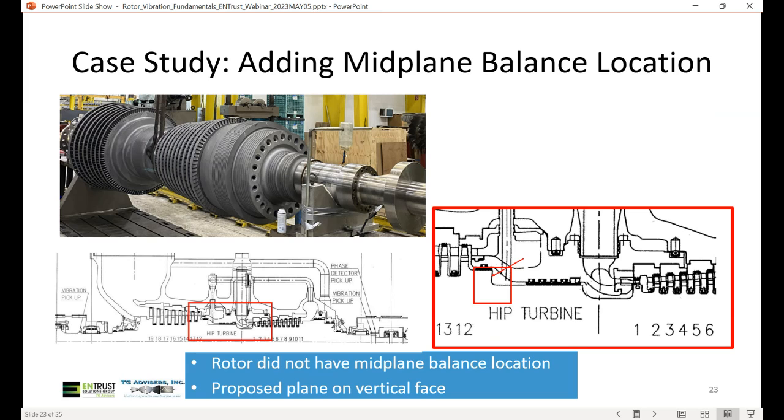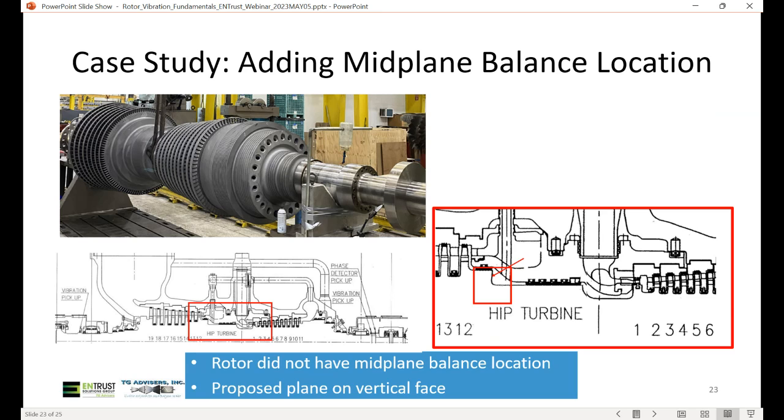In this case study, a mid-plane balance location was added to a rotor structure that did not have a mid-plane. This rotor had 2 balance plane locations and needed a mid-plane to ensure the vibrational characteristics of the rotor were kept sufficiently low.